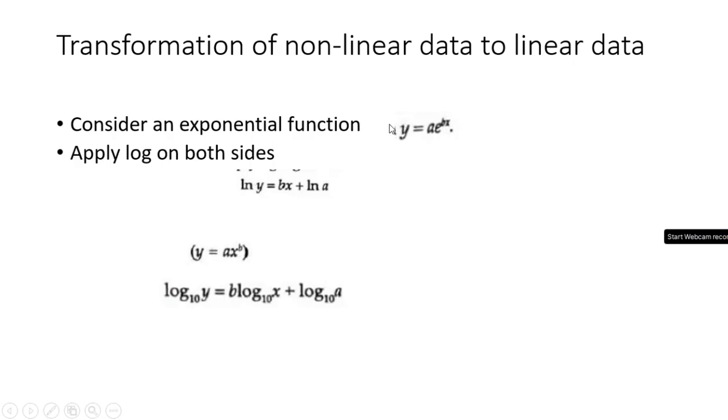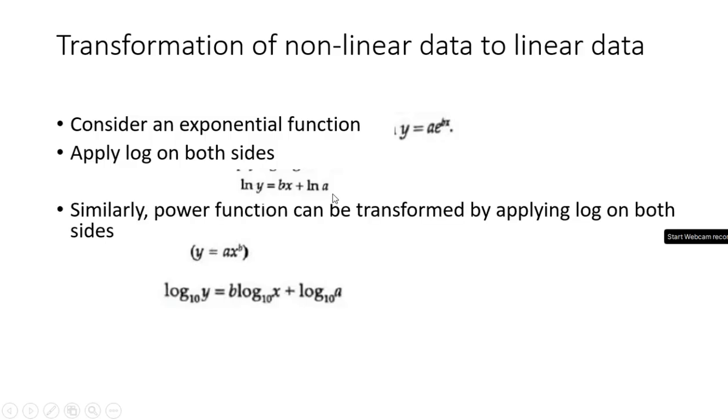To transform this into linear, it's very simple. Just apply log on both sides. So if I apply log on both sides, I will get natural logarithm of y is equal to bx plus ln of a. Similarly, suppose I have another equation, y is equal to a x to the power of b. This is not an exponential equation, but it is still a non-linear equation. It's a power function.